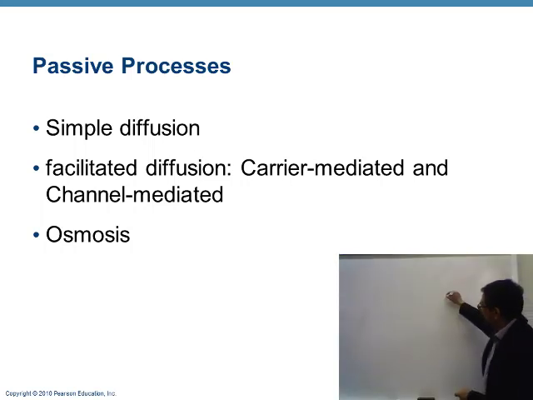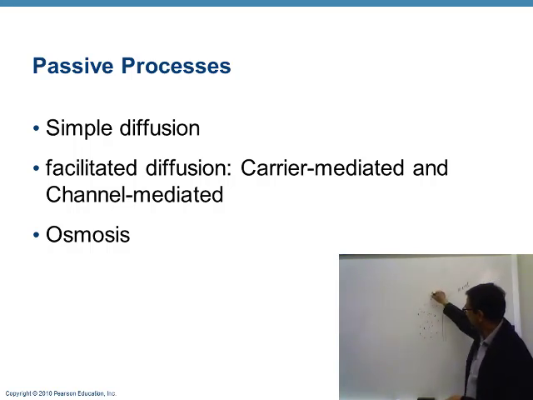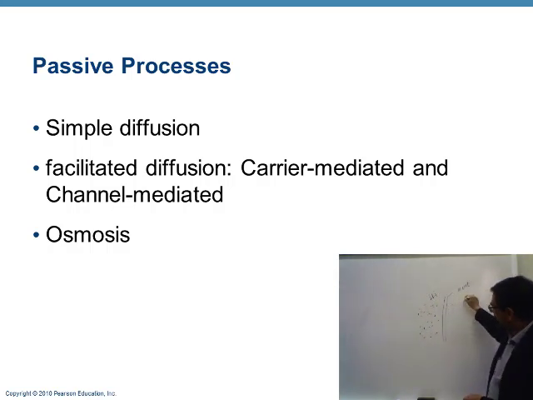If you separate two solutions by a semi-permeable membrane, this is the membrane, and on this side you have a solution where the concentration is high. On this side you have a solution where the concentration is low.